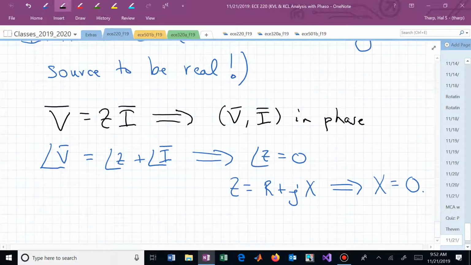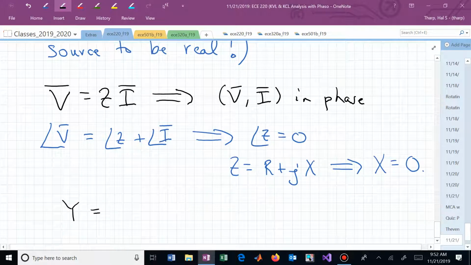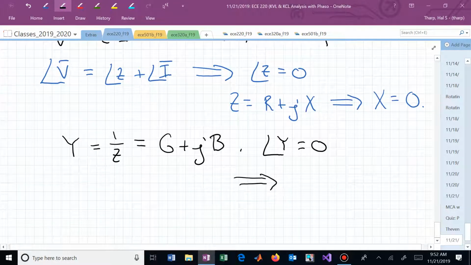Now, if somebody said, yes, but I was using admittance, not impedance, well, if you now had Y, which is 1 over Z, Y is now G plus JB. We want the same thing. We want the angle of Y to be 0, which means that we want B to be 0.